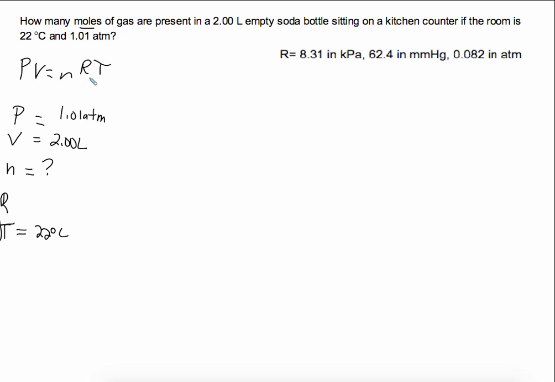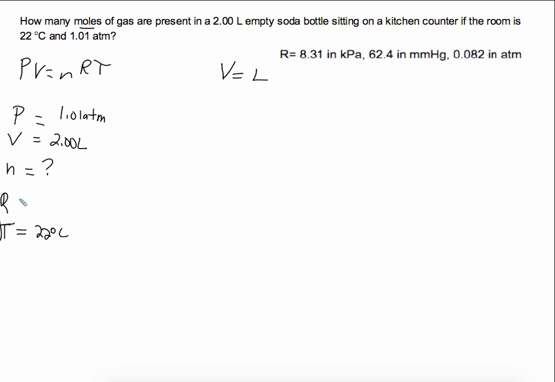Now there's a couple rules about using PV equals nRT. The pressure has to be either in kilopascals, millimeters of mercury, or atmospheres. That's what unit it will always be in this class. However, volume could be in milliliters or liters, but the volume has to be in liters, so your V has to be in liters.